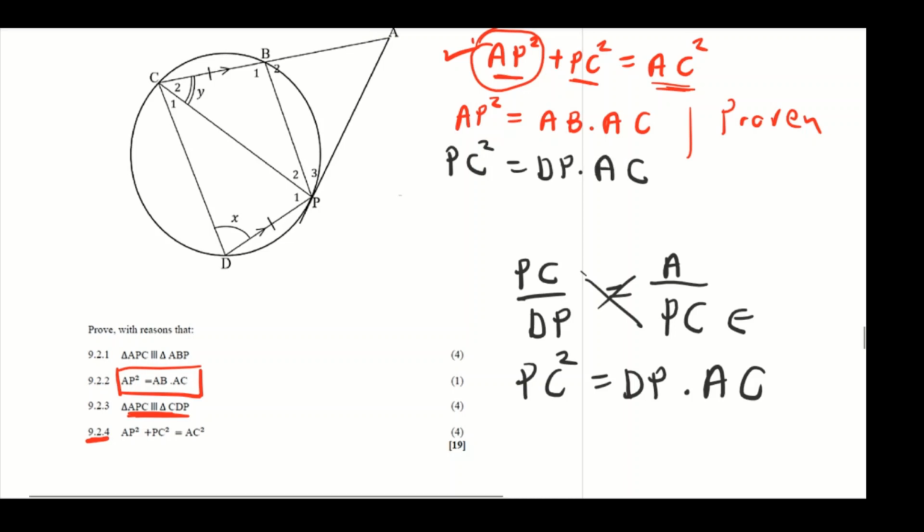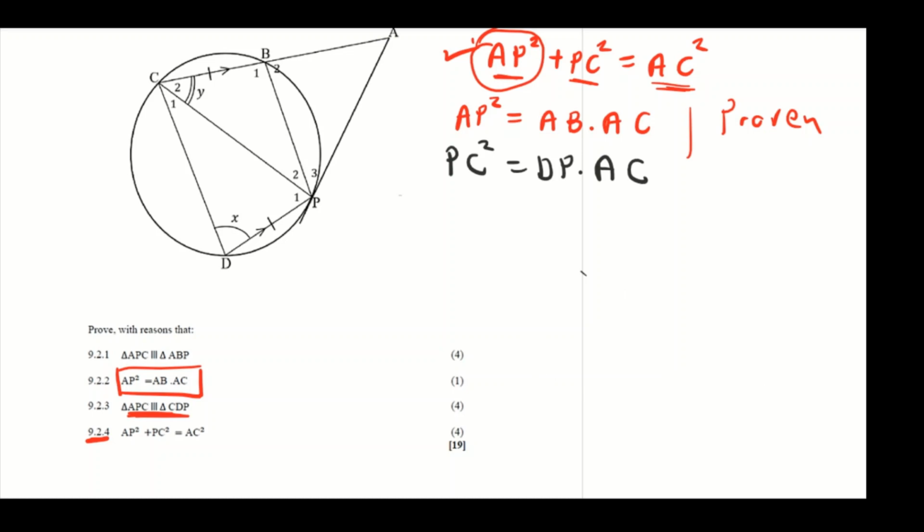So this should help us find AC squared. We don't really have to identify AC squared from the similarities, right? We're just going to use these two to find AC squared. Remember that the equation says that AP squared plus PC squared is equal to AC squared.